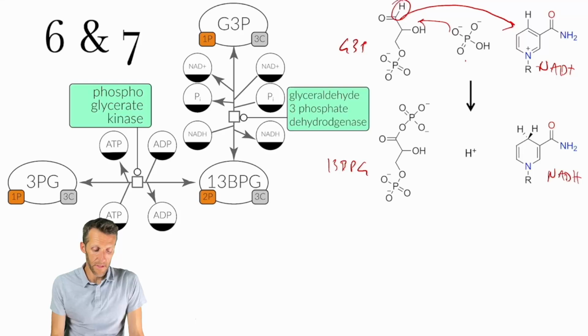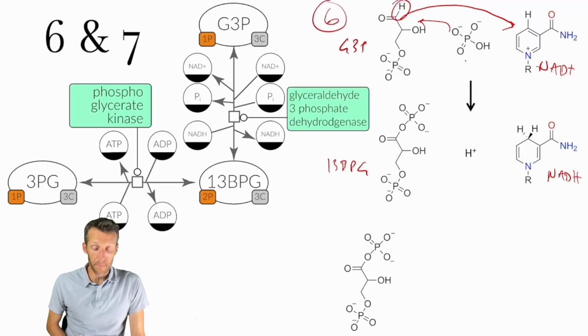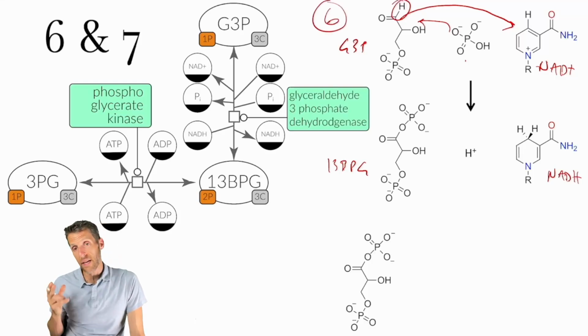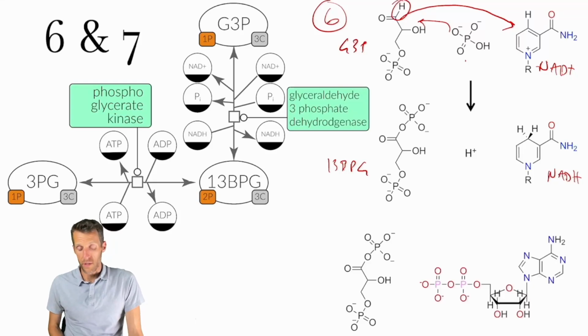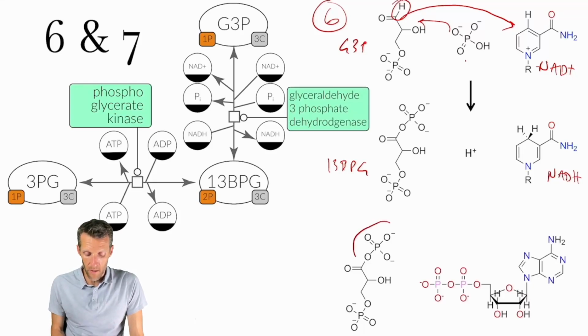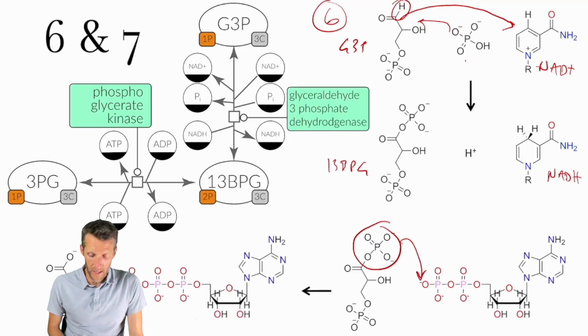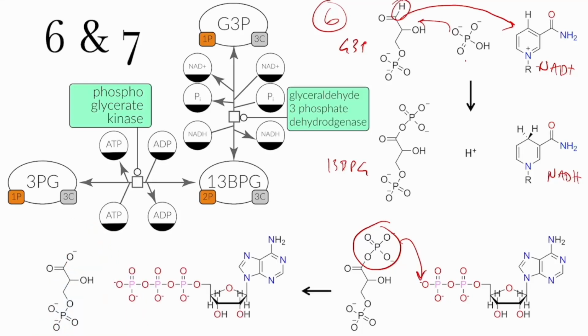That's step 6. At step 7, what we're doing is we're now taking the 1,3-bisphosphoglycerate that we generated. We're taking an ADP, and then we're going to take that phosphate that we just stuck on, and we're going to stick it onto that, forming the ATP. So we've now basically gone from a G3P, glyceraldehyde 3-phosphate, to a 3PG, a 3-phosphoglycerate.